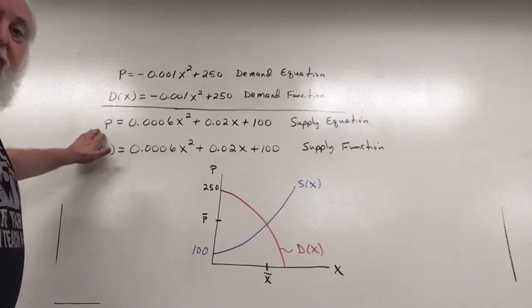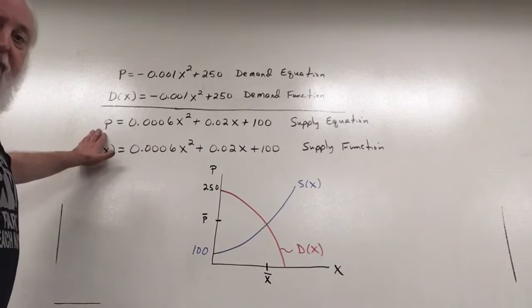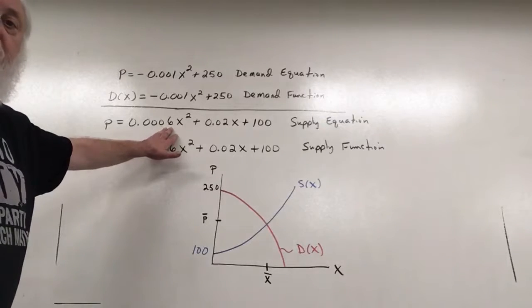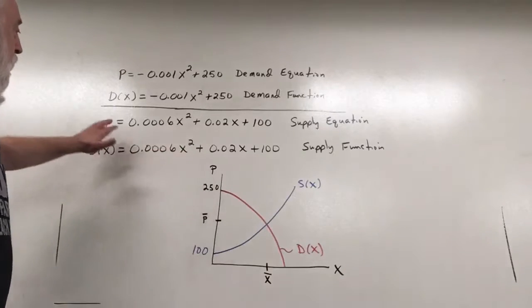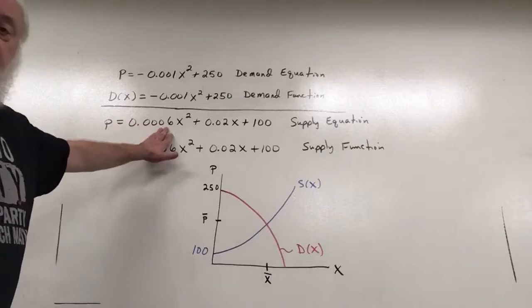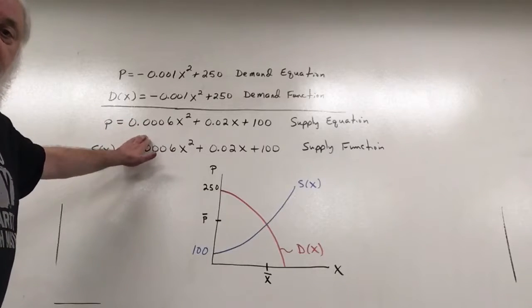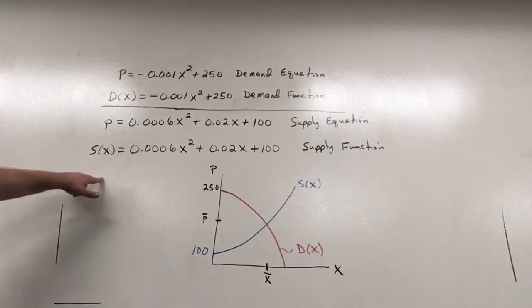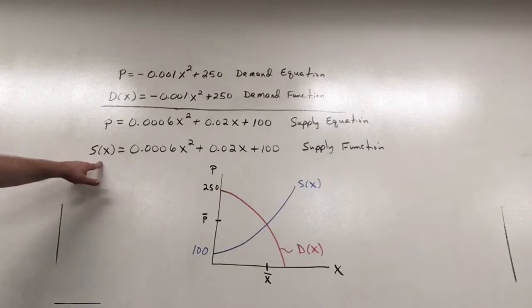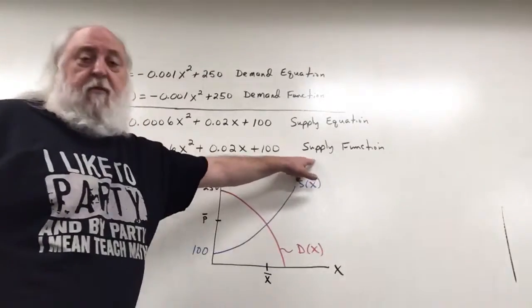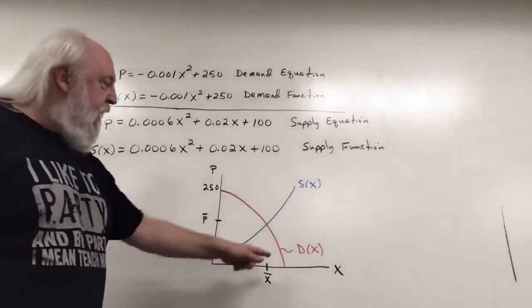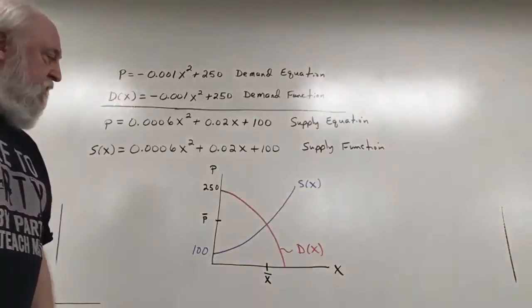It gives the relationship between the price that it receives for its good and how much it's willing to supply to the marketplace. P is a function of X, meets the definition of a function of X. So we can replace P with S of X, and we now have a supply function. So here is a graph of the demand function and the supply function for this example.